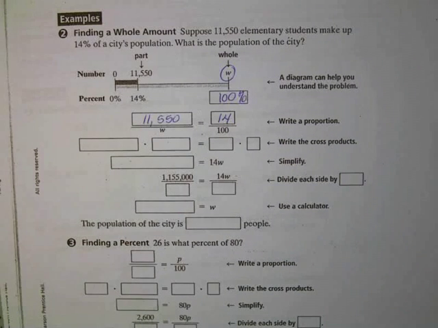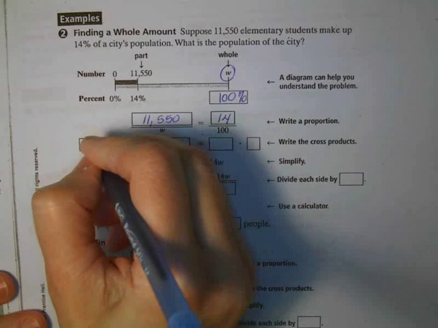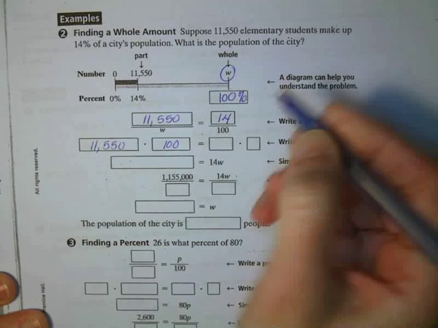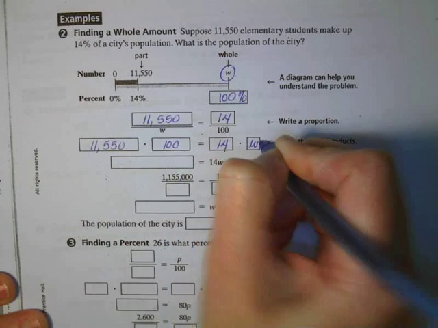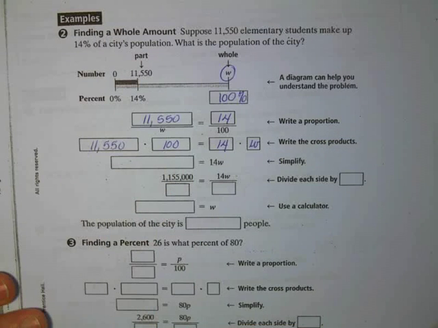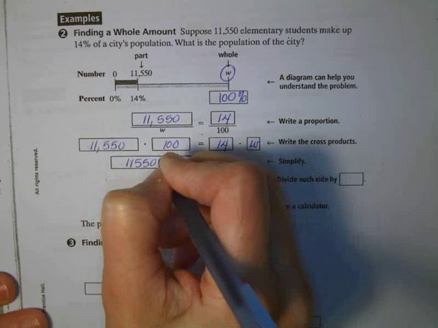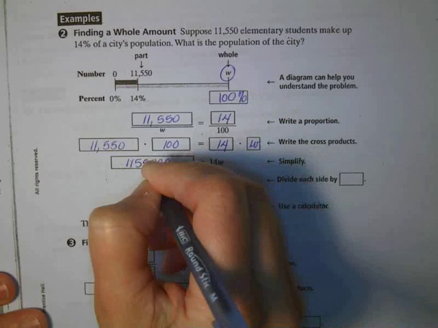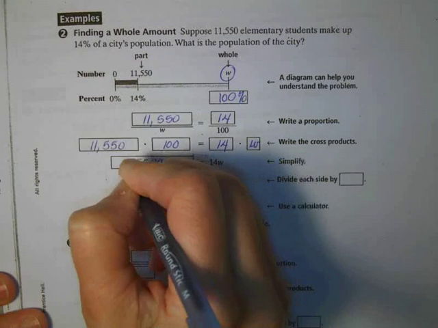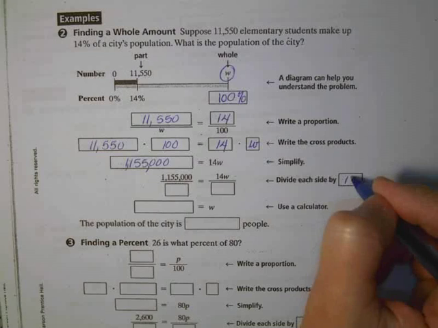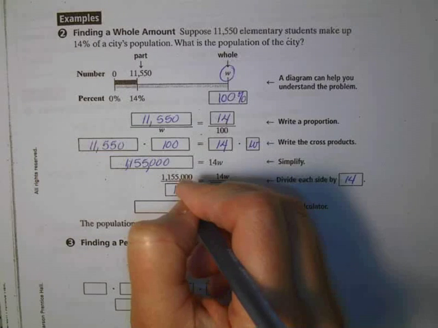Again, I'm going to find my cross products. So this is going to be 11,550 times 100 equals 14 times W. So this is then 1,155,000 equals 14W. Now we want to simplify by dividing each side by 14.